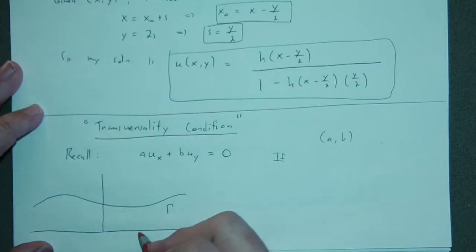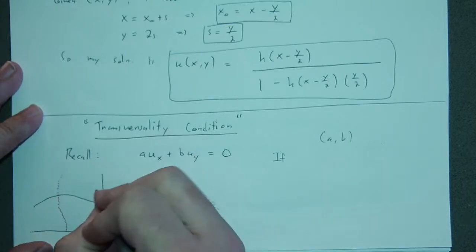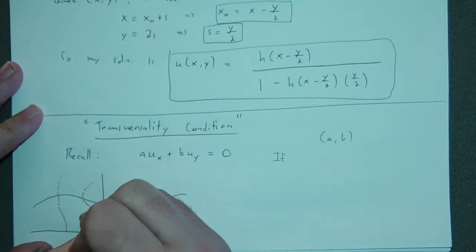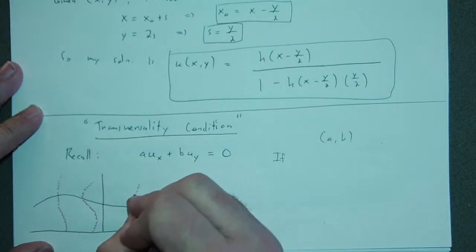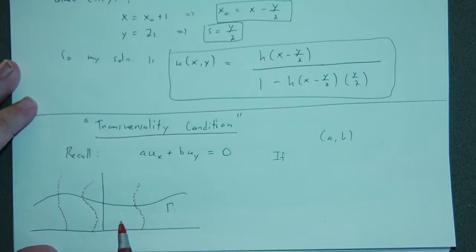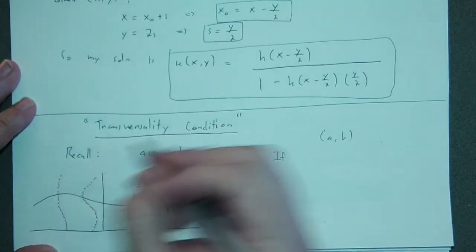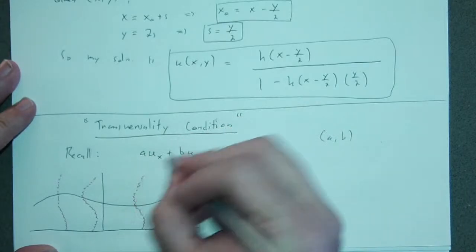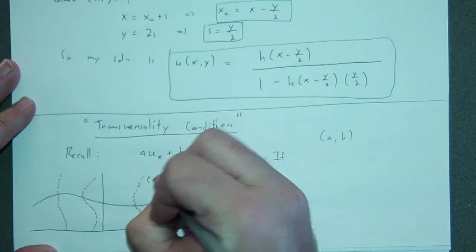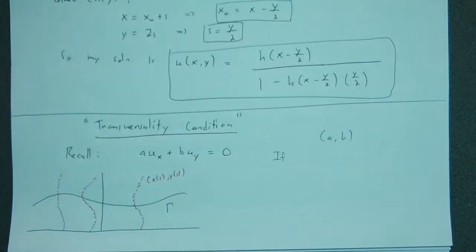So maybe the characteristics look like this. This is what we wanted. What is a characteristic parameterized as? It's parameterized as an x of s, y of s thing.